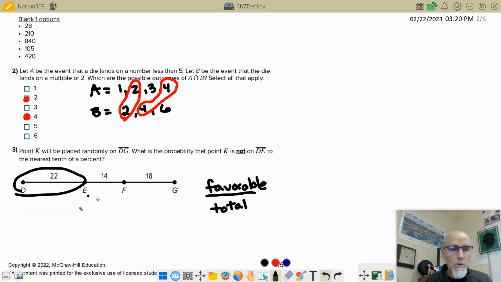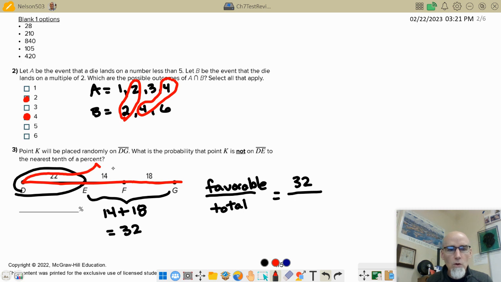So our favorable is all of this stuff over here, 14 plus 18. That makes 32. So we've got 32 as our favorable. Let me put that in the numerator. And the total possible is the entire length of the segment. So the whole segment is 54 long. Okay, so that's our total, 54. And that's going to go in the denominator.